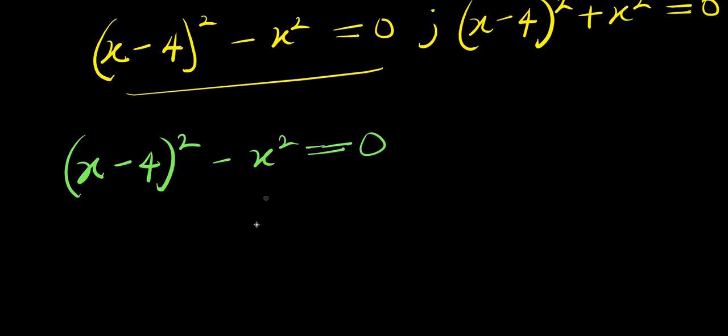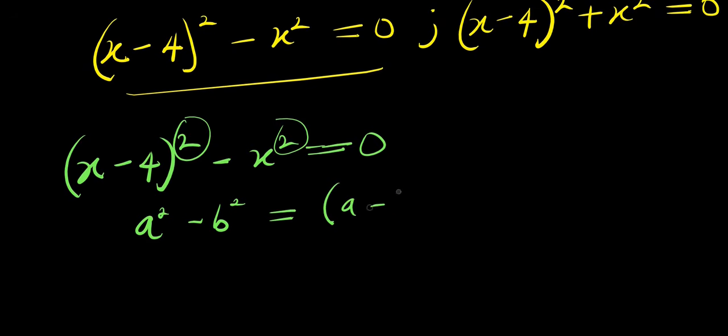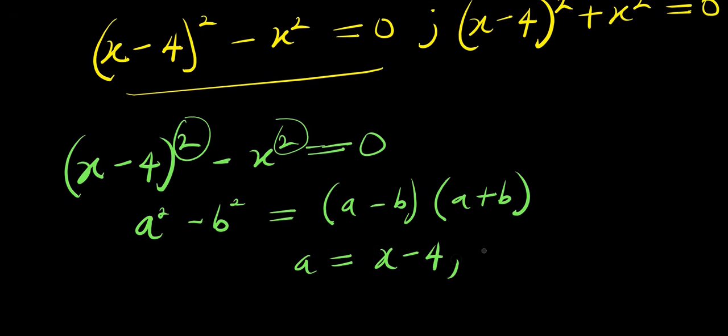So to solve this, we are going to consider this identity. Remember, there's power 2 here, there's power 2 here, there's minus here. I can make use of difference of two squares again. This equals (a - b) times (a + b). My a is x - 4 and b is x.